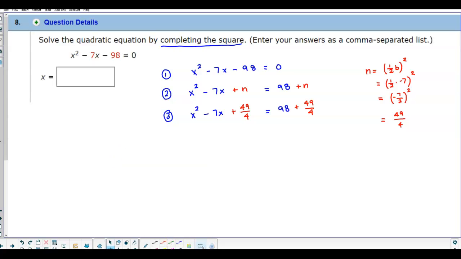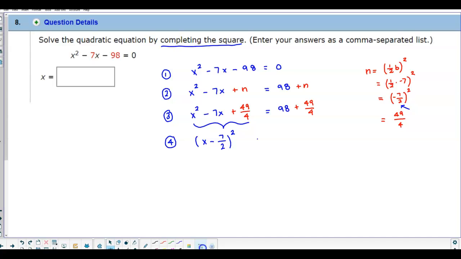So now what we want to do is we need to factor this third step. Now if you take a look here, the number that we had to square to get 49 over 4 was negative 7/2. So that number is always going to be listed here as a factor, because x minus 7 over 2 squared is going to be factored to give you that perfect square trinomial.